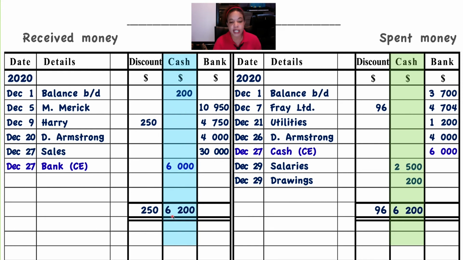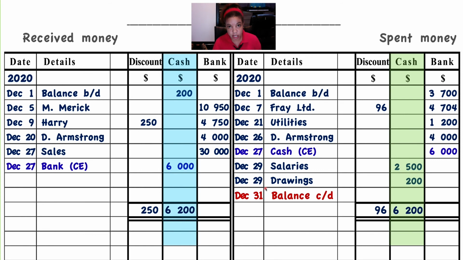You received 6,200 cash, and then you spent 2,700. So how much do you have remaining? What is your balance? It will be the 6,200 minus the 2,700. So balance is always at the end of the period. In this case, 31st of December.